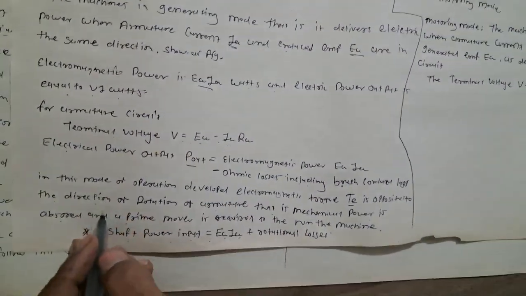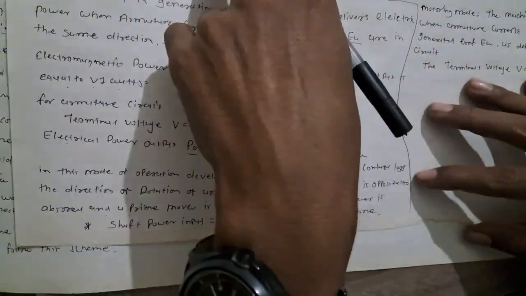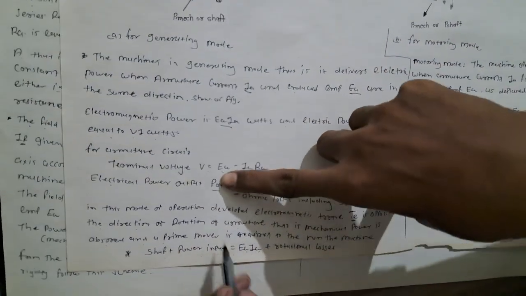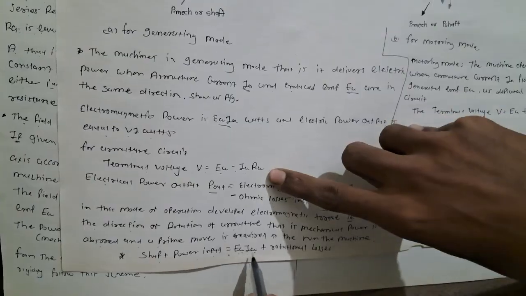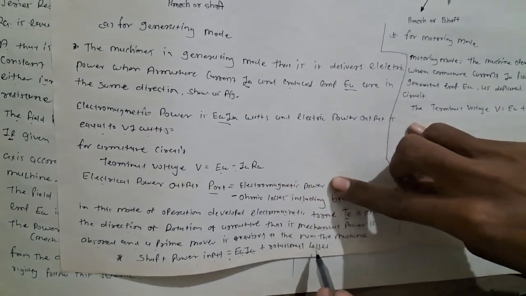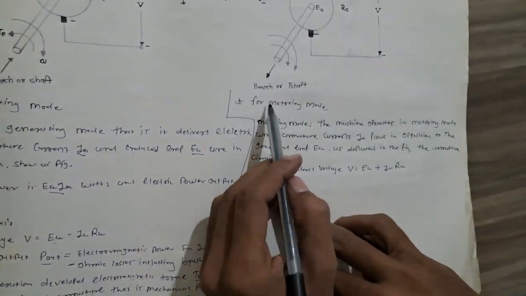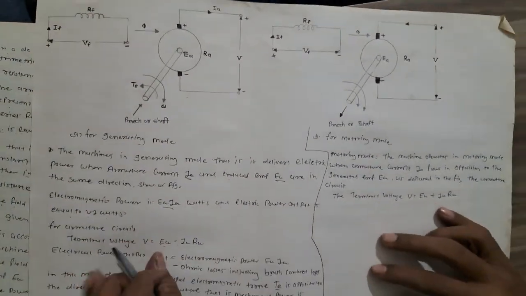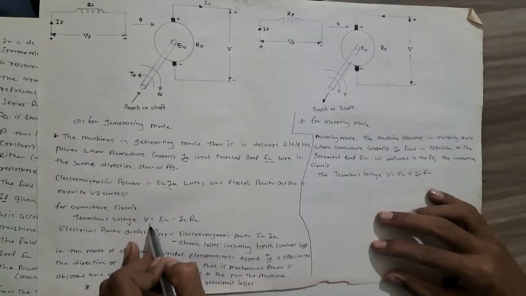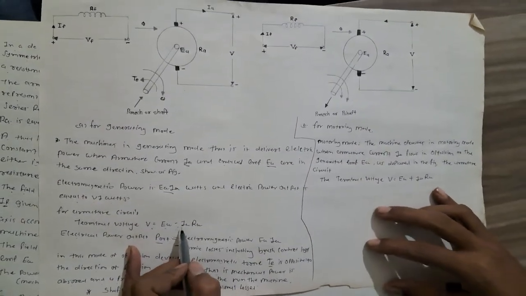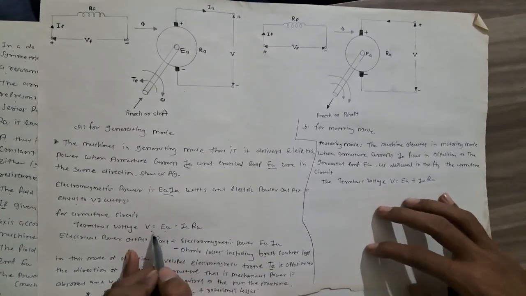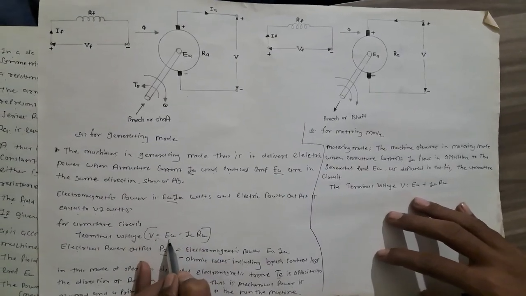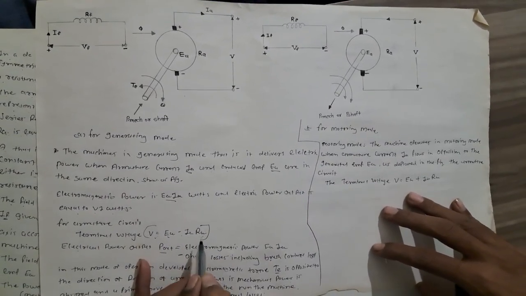Okay, in generating mode the shaft power input is equal to EA IA plus rotational loss, and the terminal voltage V is equal to EA minus IA RA.